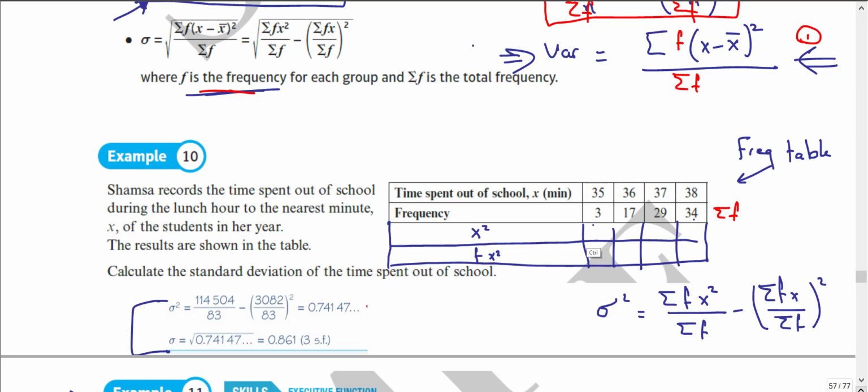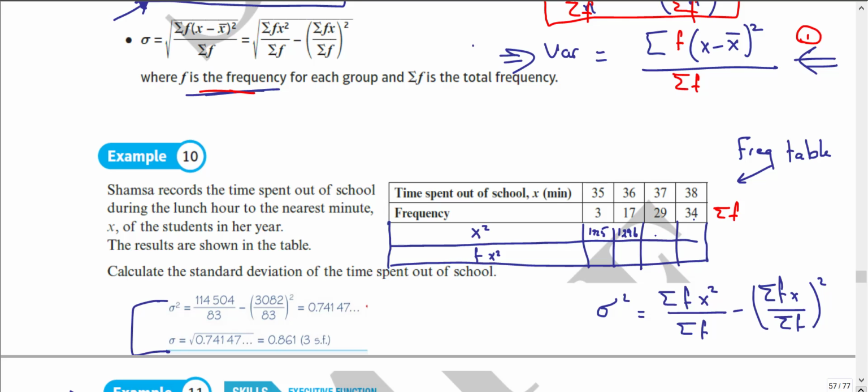Can you help me out here? Square 35. What's the square of 35? 1225. What's the square of 36? 1296.